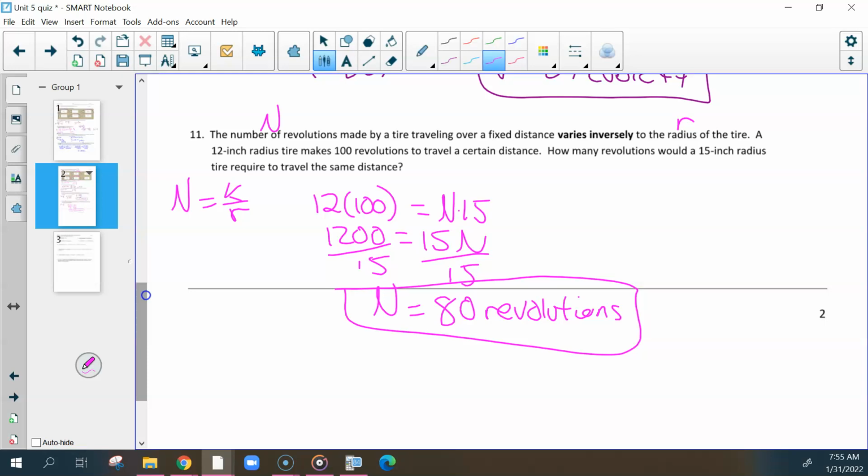I'll look at that. Okay. Anyone need to see any of these done the other way? Do we have any questions in general about inverse variation?